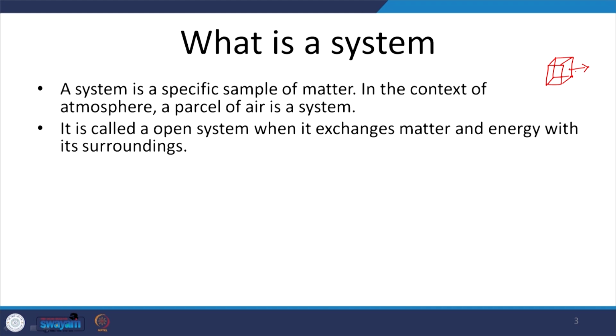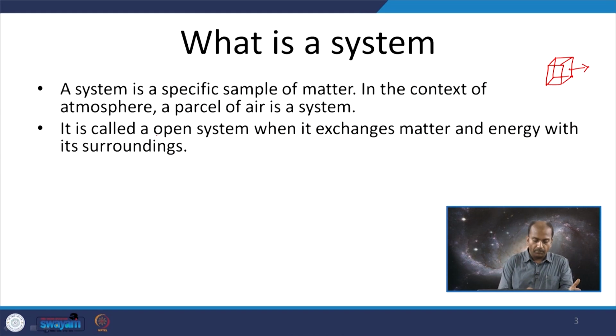If this system is exchanging matter or energy with its surroundings, you call it an open system. That means, through the walls of this air parcel, if matter is flowing in and out, or if energy is flowing in and out, or if the system is changing its temperature due to its interaction with the surroundings, then you call that particular system an open system. Simple, right.